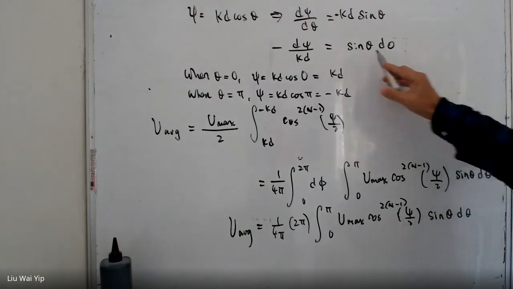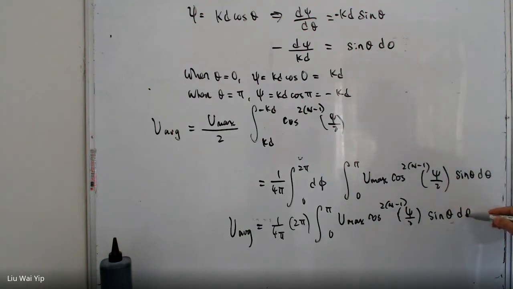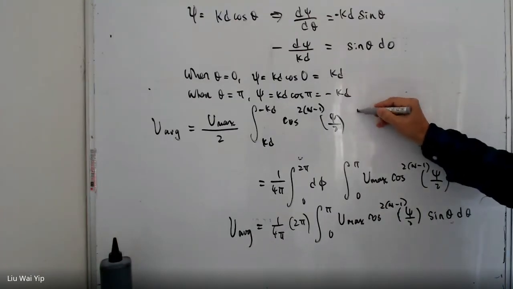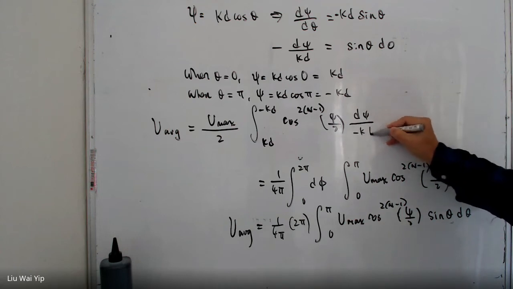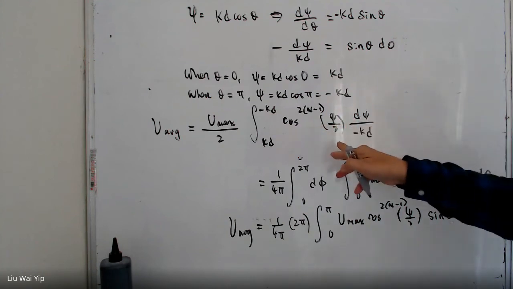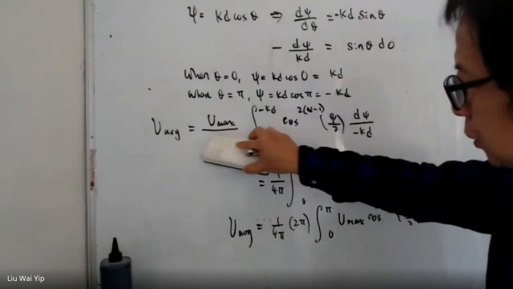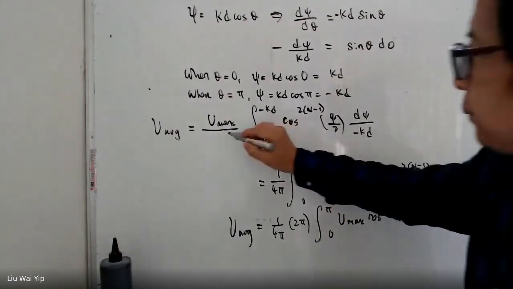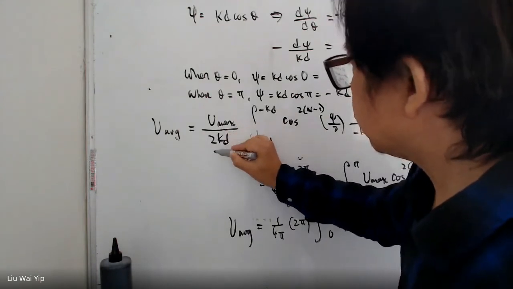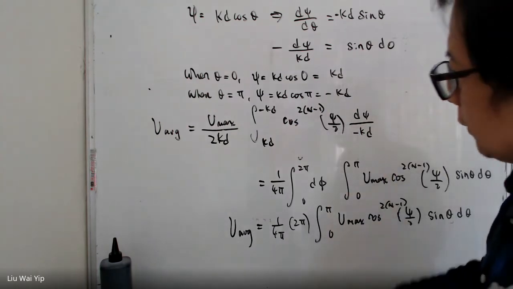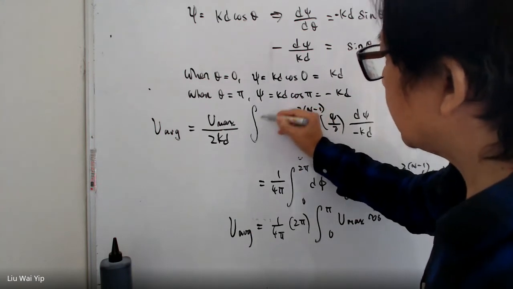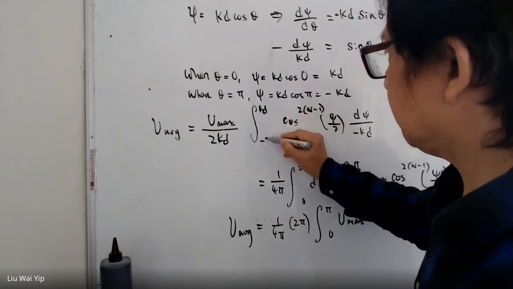And according to here, sine theta times d theta is equal to d phi over minus kd. So we are going to do some rearrangement on the fly. This kd can be moved to the outside of the integral, and we have a minus here, and we can simply change the order of the limits: minus kd and then kd.